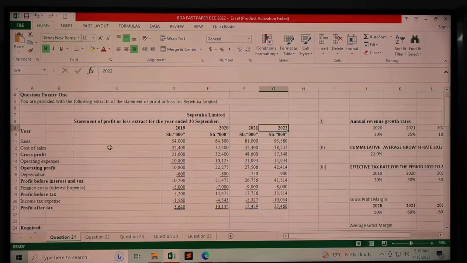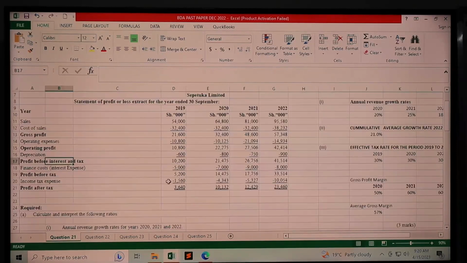You know the items given in an income statement: revenue, cost of sales, the gross profit, operating expenses, and depreciation and profit before interest and tax. And you are given these for those 4 years. The note is required. Part A was not that involving. It only required you to understand the equation.